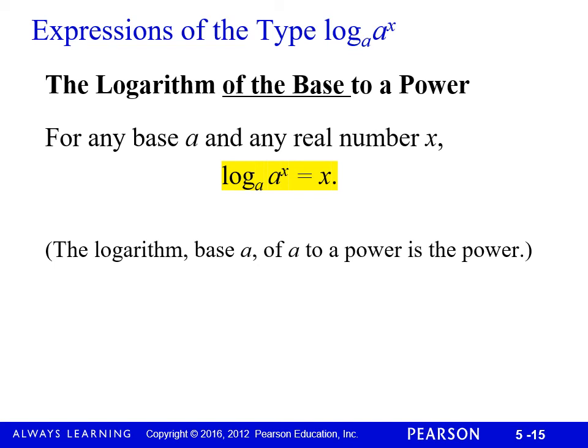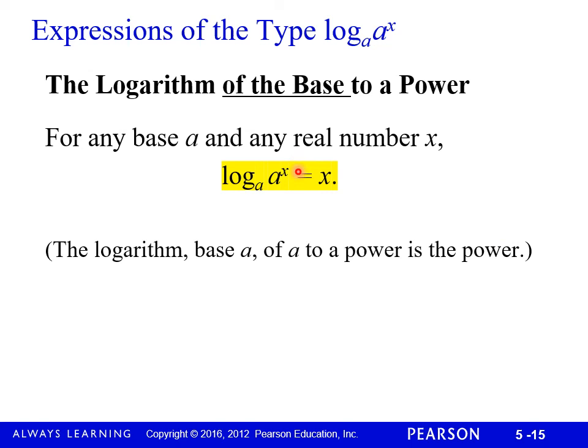All right. We already know this rule, and that is when we take the log of the base raised to a power, this equals the power. The logarithm base a of a to a power is the power.